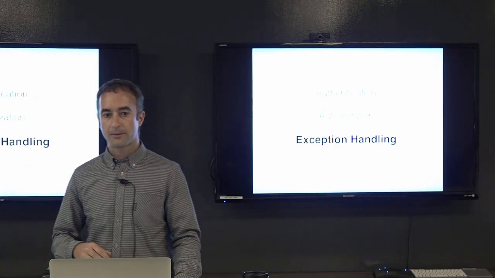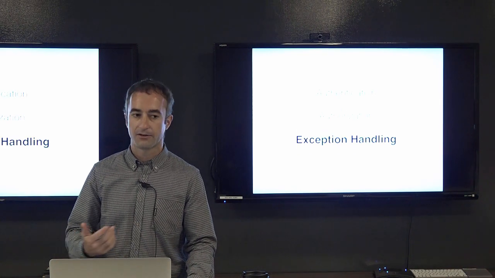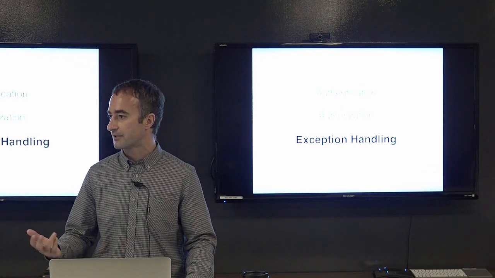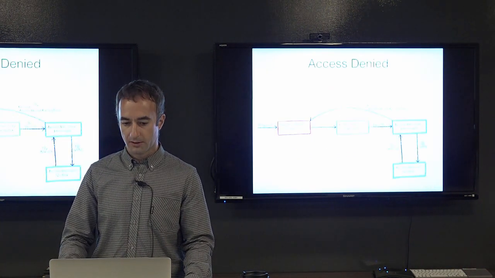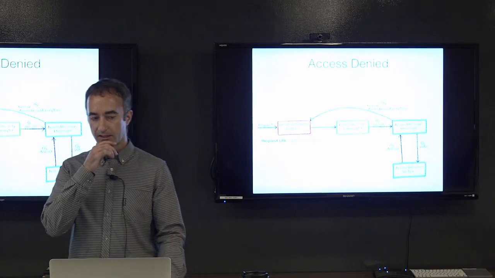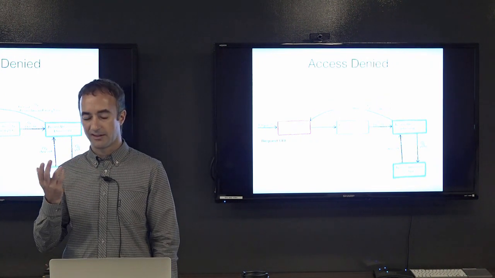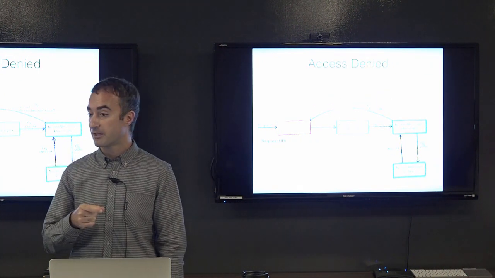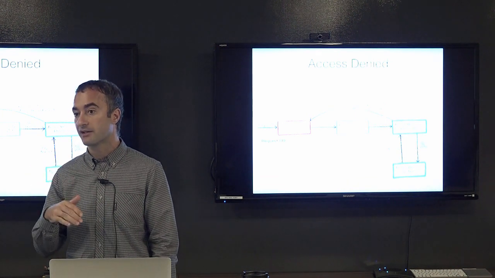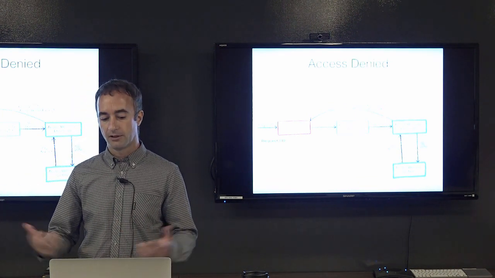So let's jump to exception handling, the cases where I'm not authenticated or I'm not authorized to access a protected resource. So, access denied. Let's talk about that first. I demonstrated that when I logged in as myself, role user, and then I tried to type in /admin, try to go to the admin site, and we got 403 forbidden. What happens underneath the covers there?